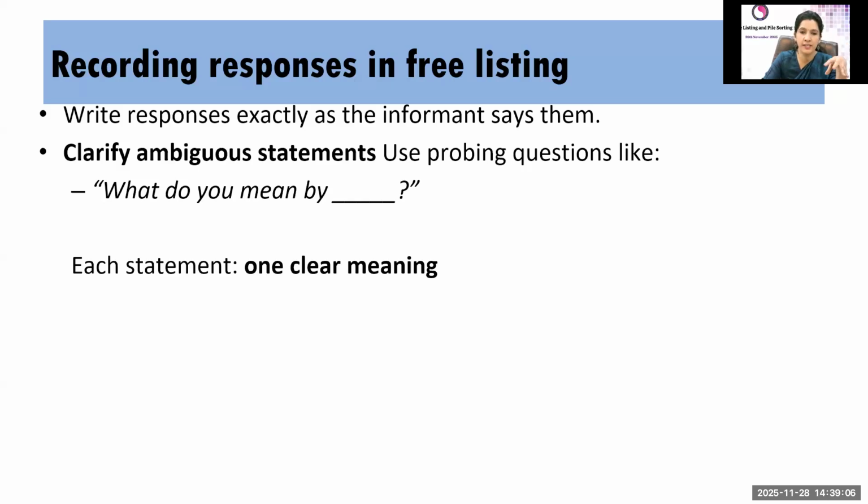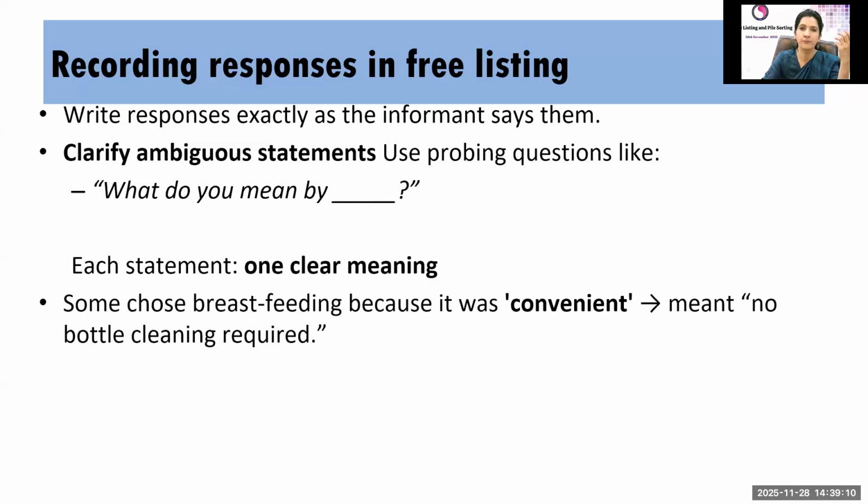For one example, in the same study by Weller, he wrote that some chose breastfeeding because it was convenient. What was the meaning of convenient? For that group, it meant that bottle cleaning was not required.